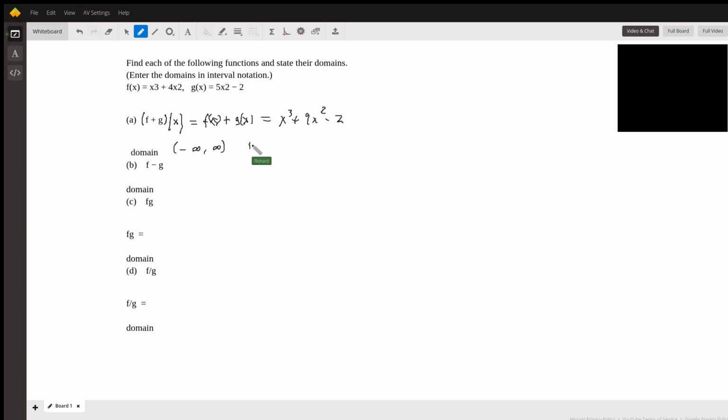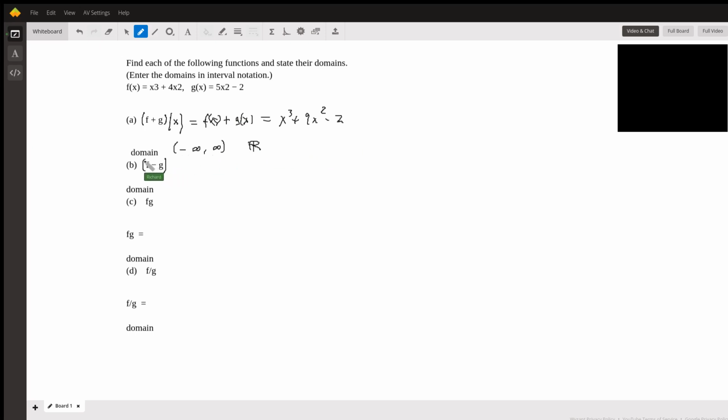Sometimes they'll accept this abbreviation, all real numbers, so capital R with an extra vertical in there. It's nice because we know that this is a polynomial, that's a polynomial, and the sum is a polynomial. All polynomials have an unrestricted domain, all real numbers.